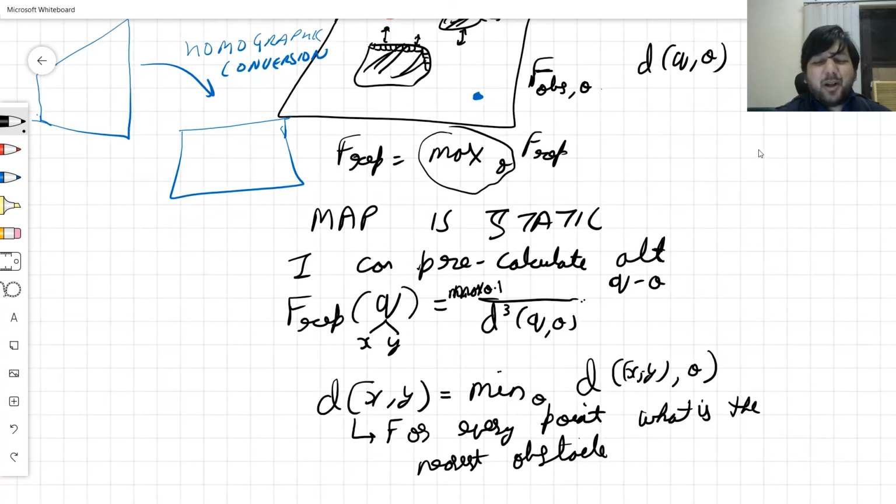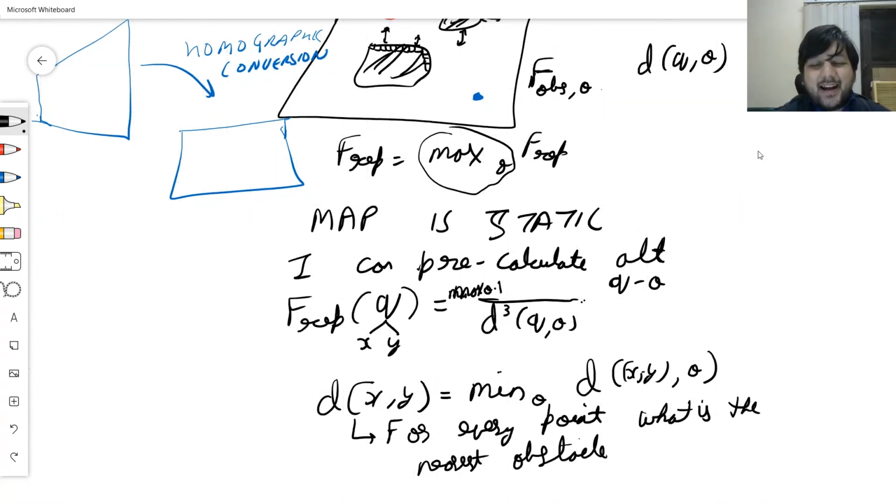That's a problem that we have already seen in AI. There's a source, and what is the smallest distance from any point towards the source? That's how graph search is defined. From any point, what's the closest distance to the source? That's exactly the same problem, except I say my source is all obstacle boundaries.